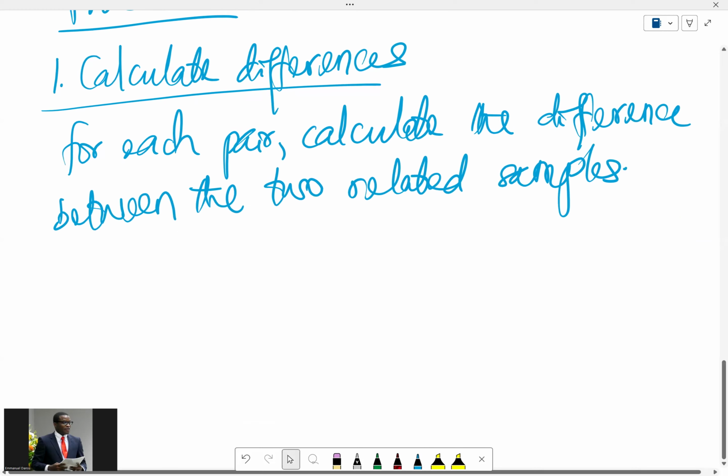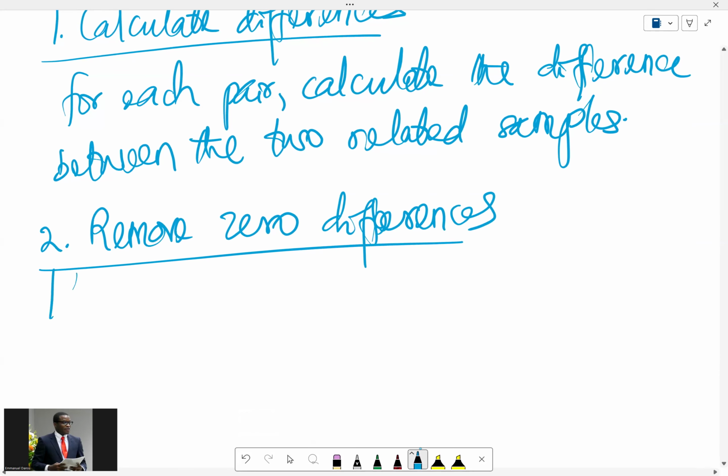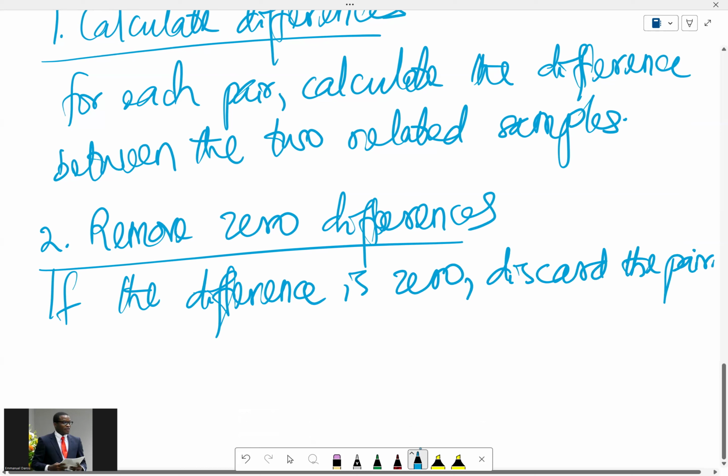That's number one. Number two, you remove zero differences. If the difference is zero, you just discard that pair.